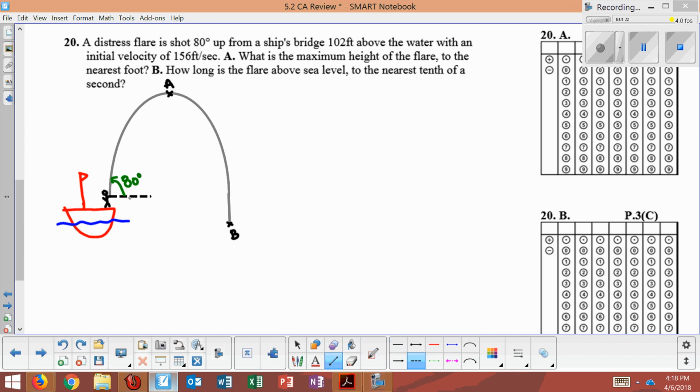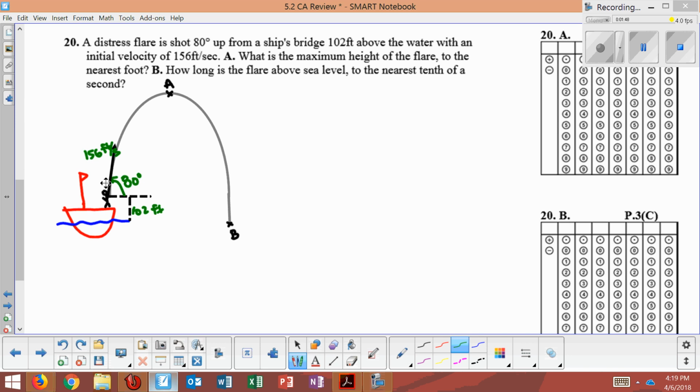So this is 102 feet, this distance here. And the initial velocity coming off would be like this vector here, because when you shoot, you don't actually shoot a curve. You would shoot something like this, a straight line that gravity pulls down. It comes off at 156 feet per second. So that's our value there.